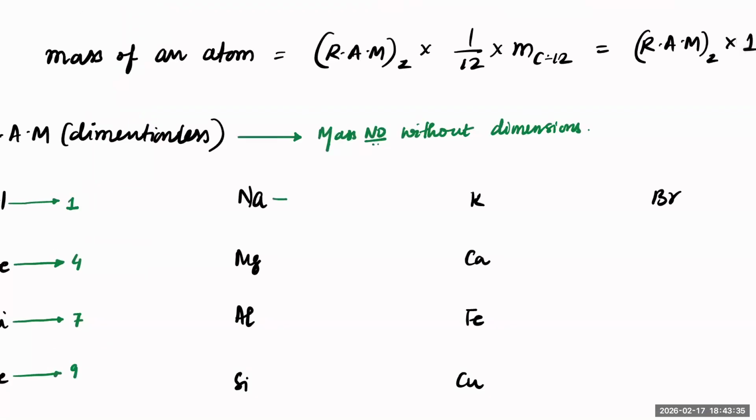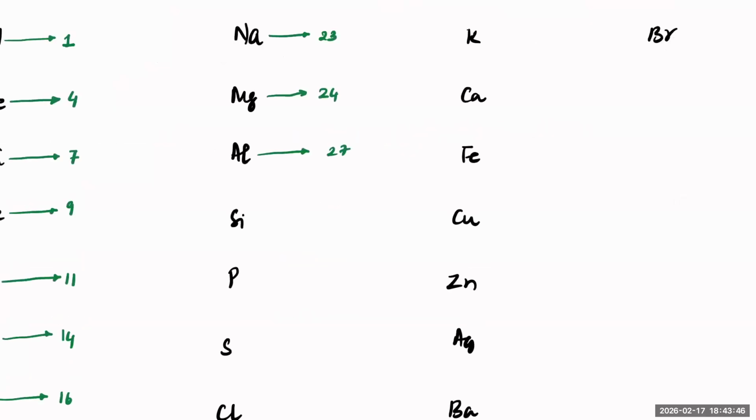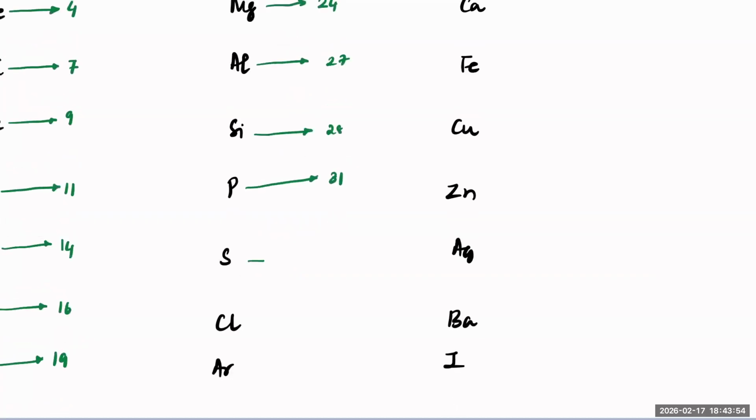Sodium has 23. Magnesium has 24. Aluminium has 27. Silicon has 28, phosphorus has 31, sulfur has 32.